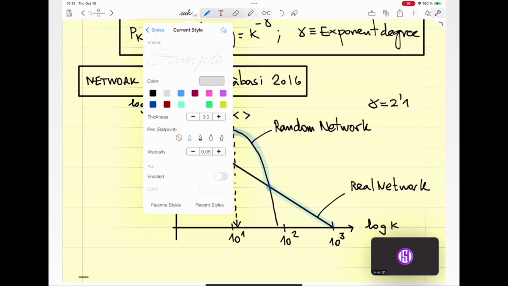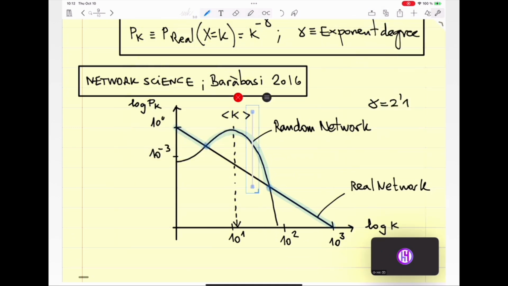The x axis is the logarithm of the degree, and the y axis the logarithm of the probability. The probability that you communicate, imagine you are on Facebook, what is the probability that you communicate with her? High, because she and I know each other, you're in the same class, maybe.